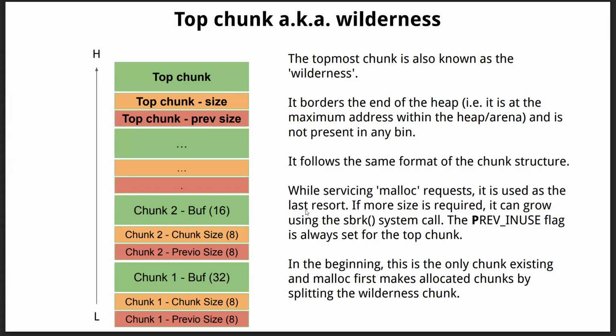When your heap is not big enough, you need to do mmap or sbrk to make it bigger, and the size of that chunk will get bigger. That is also a chunk, so it follows the same format. And every time there is a malloc and you cannot find a free chunk before that, you just split something from the top chunk, slicing it into smaller ones.